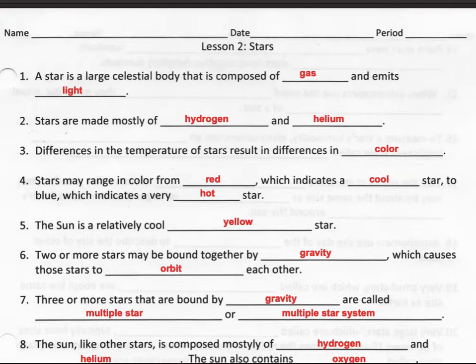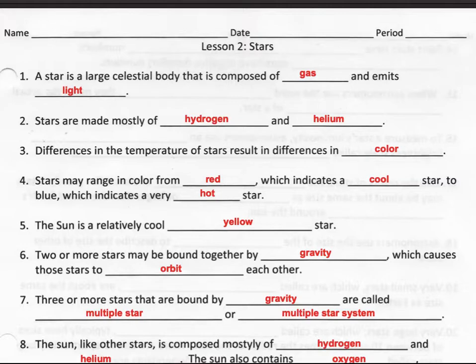We talked about that the temperature would have stars have a different color based on how hot or how cool the star was. Stars may range in color from red, which indicates a cool star, to blue, which indicates a hot star.